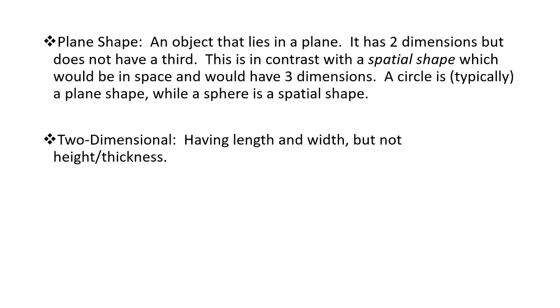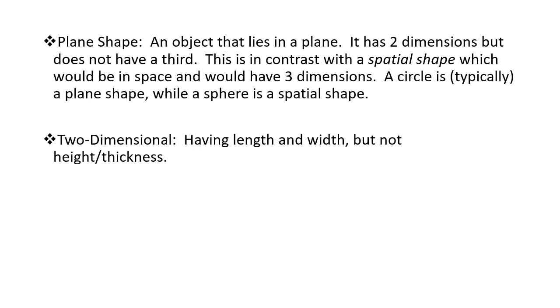So this is review. These are not new terms here. We have the idea of a plane shape or a planar shape, and this is an object that lies in a plane. So we can think of it as a flat object. It has potentially length and width, for example, but would not have any height or thickness.